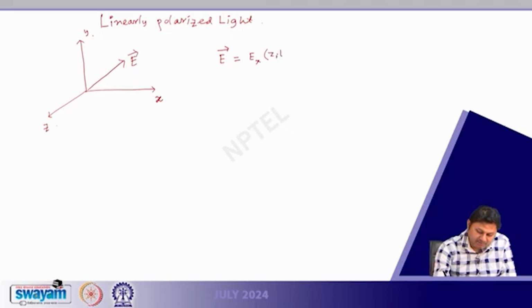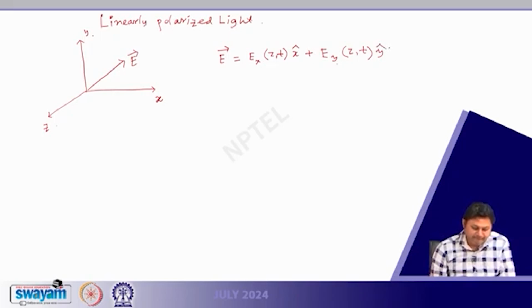So, I can write this as a function of z and t, and unit vector x plus E y, which is a function of z and t, y unit vector, where the x component of E is varying with respect to z and t, as I mentioned.